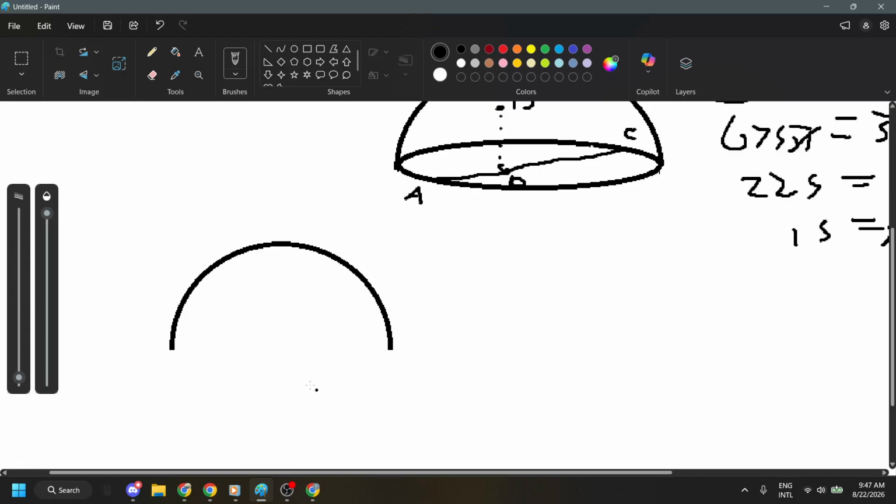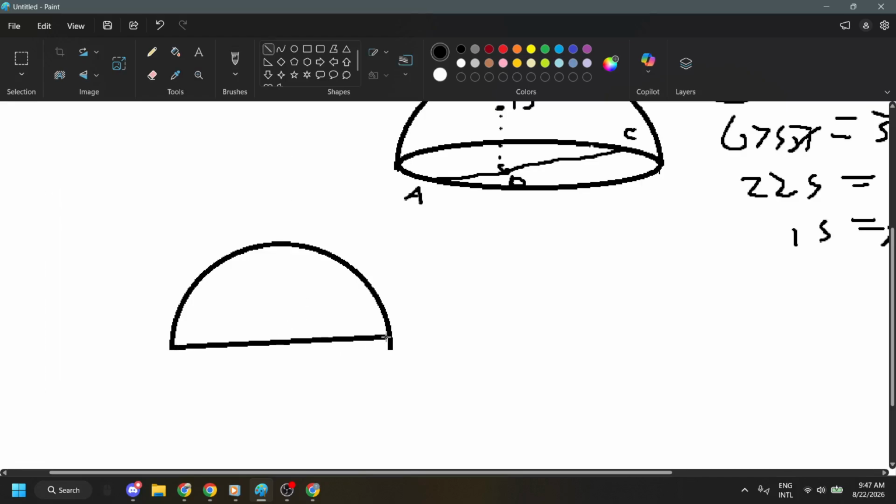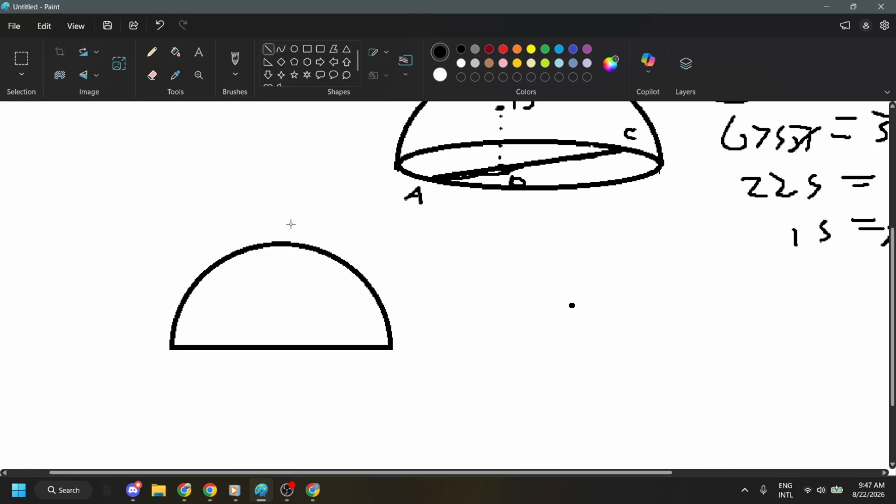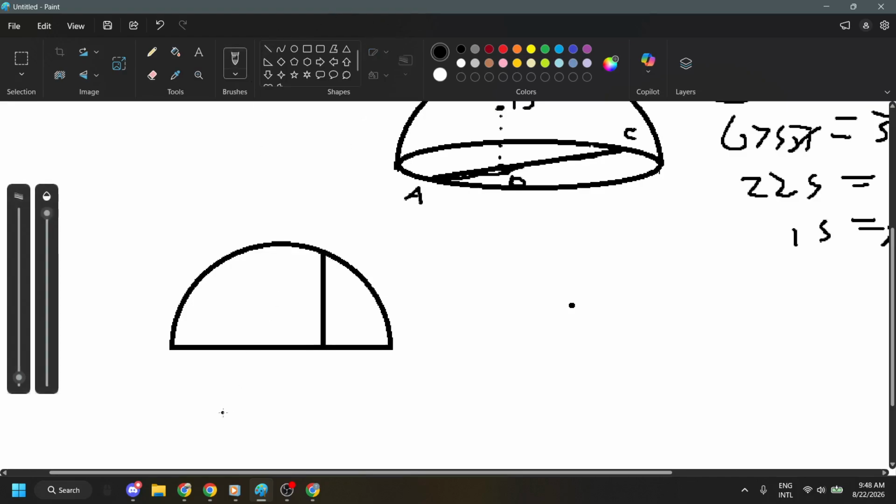So we have this line. If AD is equal to 2dB, that looks about equal. Yeah, maybe like that.